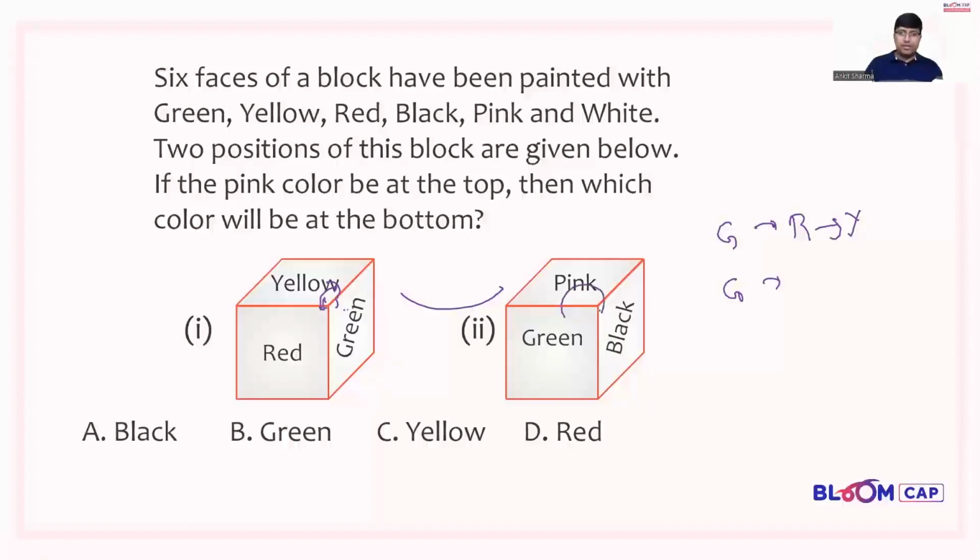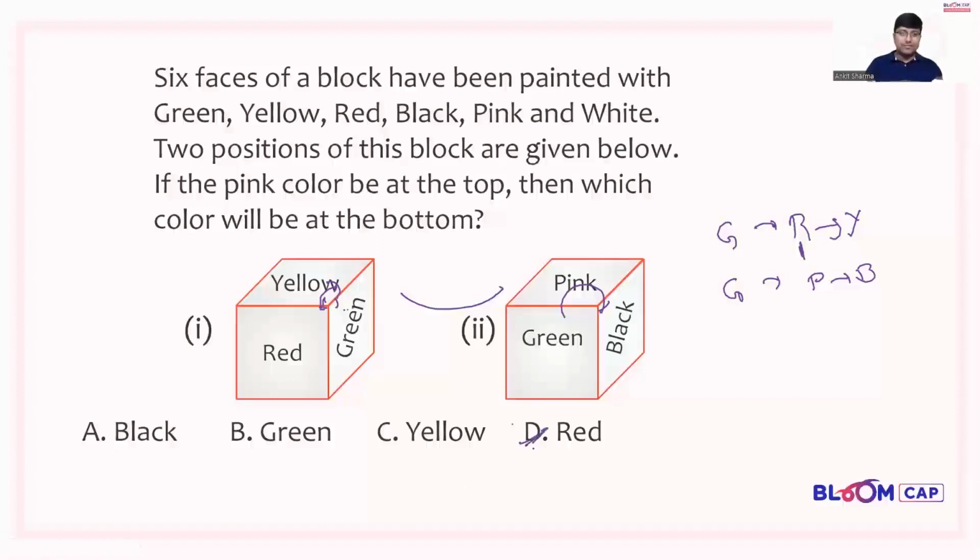And from here, green, pink and then black. So opposite of pink is red, and that is the right answer. I hope all of you are able to solve the question now. Alright everyone, getting it or not?